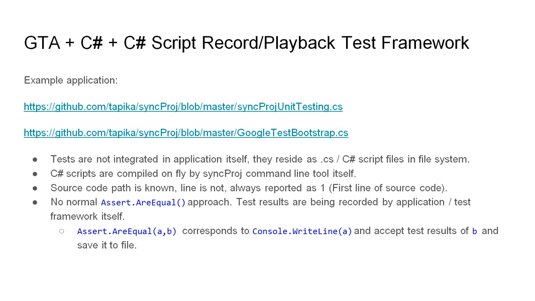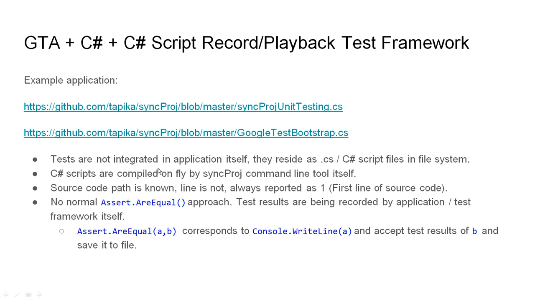This was a little bit about the classic testing approach, and now I would like to show you more advanced stuff. We will go into using Google Test Adapter and C#, and actually we will go into using C# scripts itself. This exists as a Sync project, a GitHub project, a command line utility for generating C# scripts.